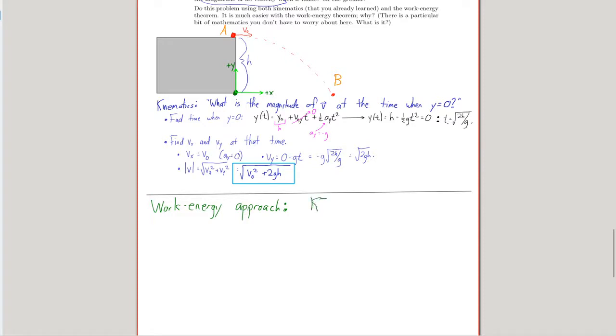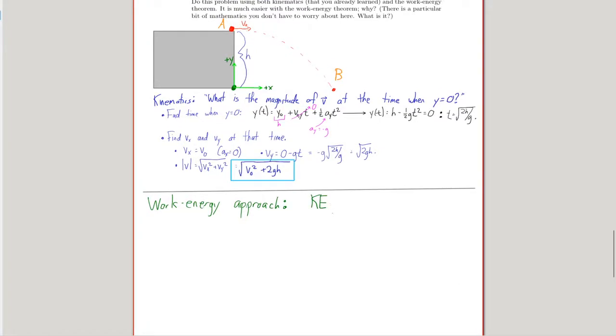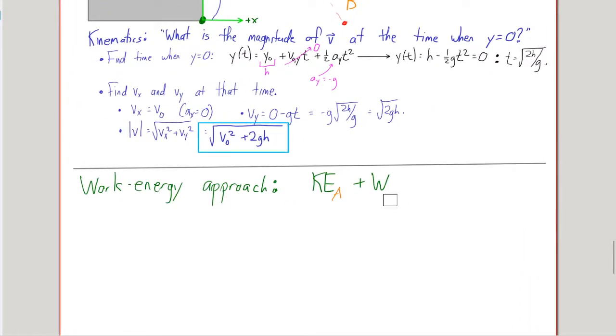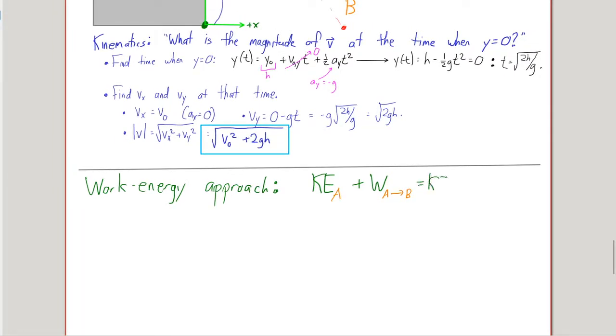So I can write the kinetic energy at A plus the work done by all forces in going from A to B equals the kinetic energy at B.